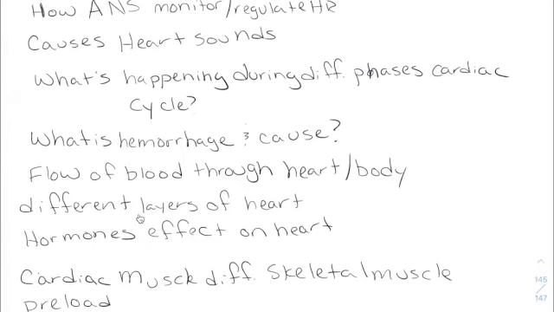And one more question I had was, for the topic of what's happening during the different phases of the cardiac cycle, would that be like the isovolumetric relaxation phase versus what goes on in the isovolumetric contraction phase, or is that like the atrial and ventricular diastole or systole?